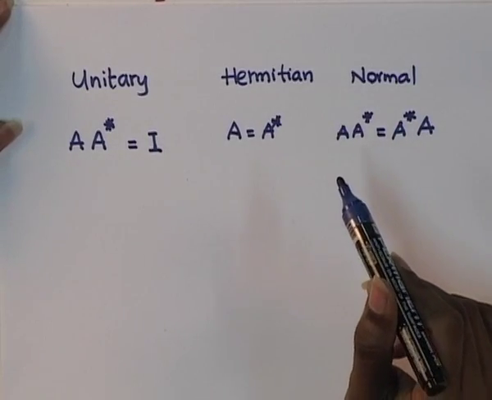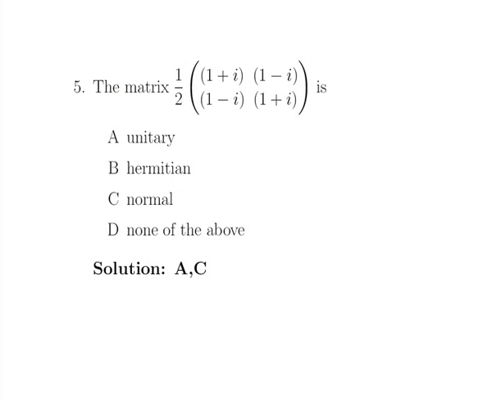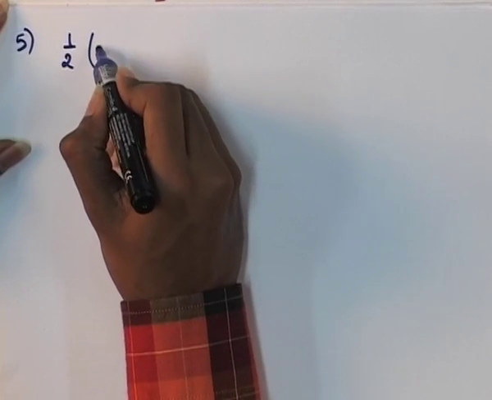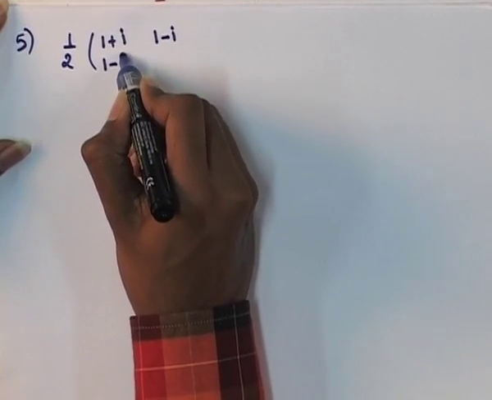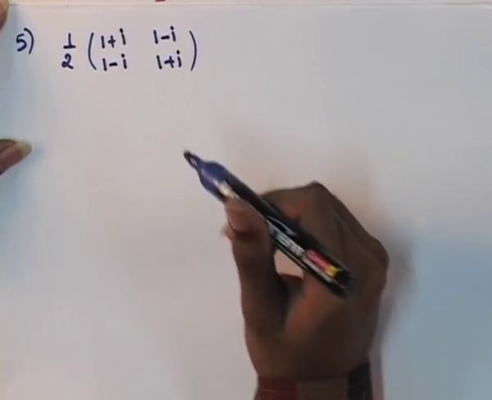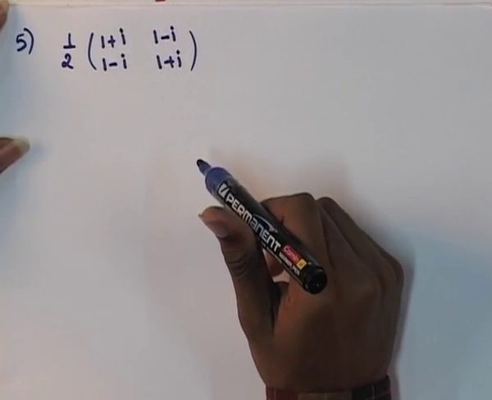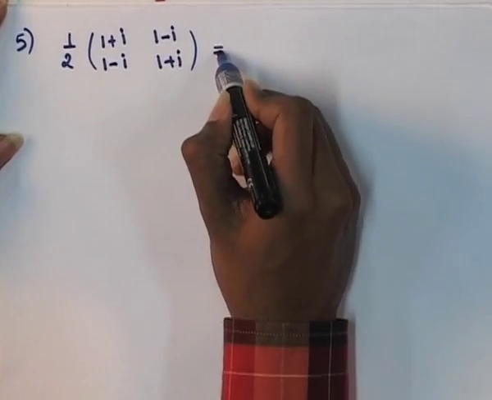And now we look at questions 5 and 6. Question 5. We are given the matrix 1 by 2 times [1 minus I, 1 plus I], and we are asked to verify whether this matrix is unitary or not, or Hermitian or normal. And we first try to compute.